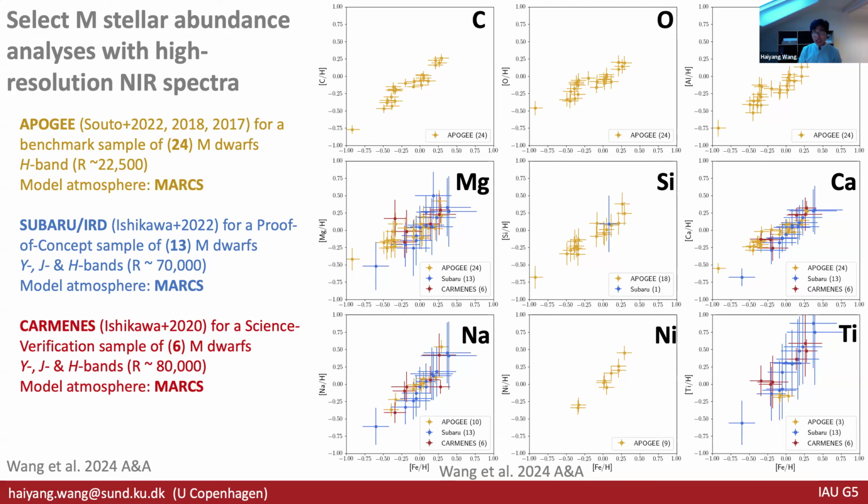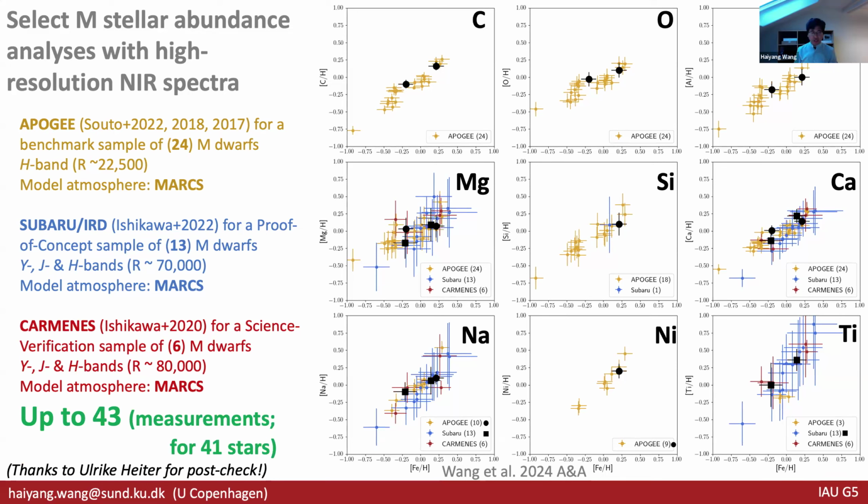As compared here, they show quite a similarity even across these different surveys, and this is one of the reasons that we combine them together to form our first set of M-dwarf stellar abundances. Also, thanks to Alavika, who later pointed out that in our data set there are two stars overlapping between APOGEE and CARMENES.